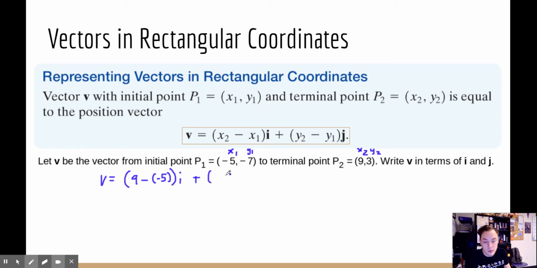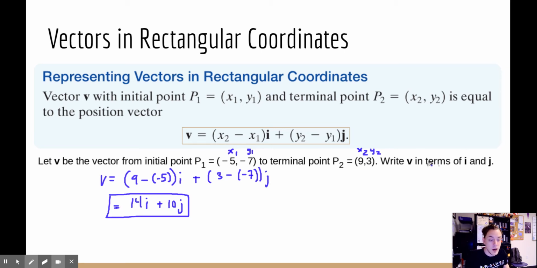Plus y2 would be 3 minus -7, and this is j. Okay, that's all it is. And now I'd simplify this out, so this would be 14i plus 10j. This would be my position vector. Okay, basically subtracting the coordinates. So write your vector in terms of i and j.